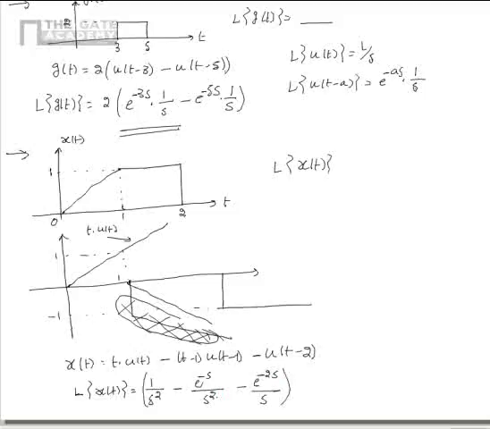This is because Laplace transform of t into u of t is 1 by s square and Laplace transform of t minus 1 into u of t minus 1 is e power minus s into 1 by s square and Laplace transform of u of t minus 2 is e power minus 2s into 1 by s. So whatever we obtained finally is the required Laplace transform.